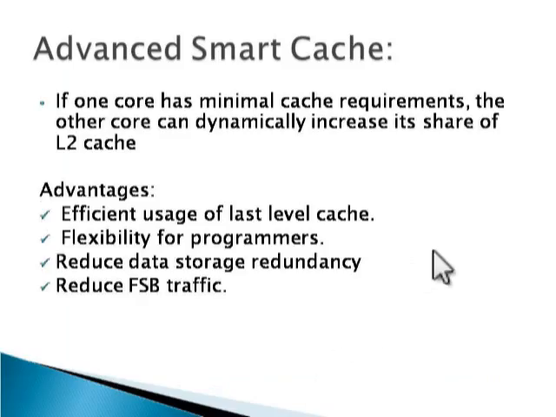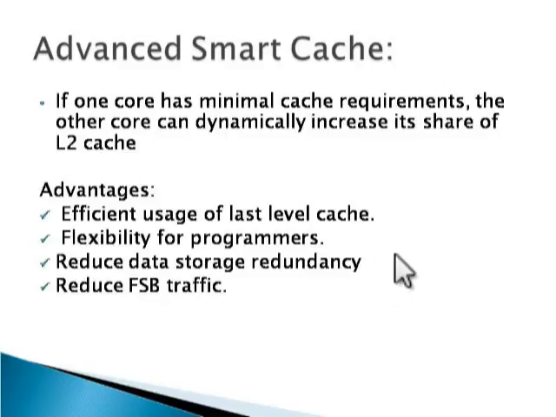The shared cache architecture has several advantages. First, it leads to efficient usage of the last level cache, and it leads to flexibility for the programmers, wherein it allows more data sharing opportunities for threads running on separate cores that are sharing the cache. It also provides an alternative communication mechanism between the cores, and it reduces data storage redundancy.